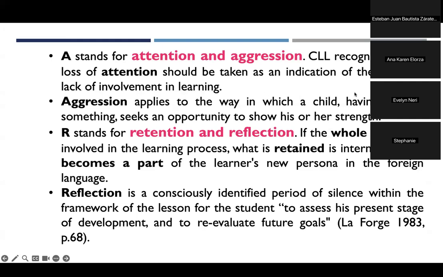This implies, for instance, imagine that you are going to teach your kindergarten students colors and shapes. At the beginning you show them some colors and shapes like square, round, triangle, and the colors.